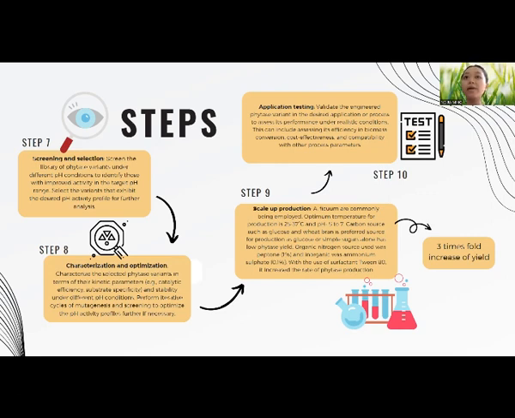Step 9 will be scale-up production. Aspergillus species are commonly employed, so we use this species. The optimum conditions for production are between 25 to 37 degrees Celsius and pH from 5 to 7, which is from acidic to neutral condition. Carbon sources such as glucose and wheat bran are preferred for production, as glucose or simple sugar alone has low phytase yield.